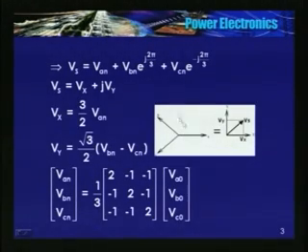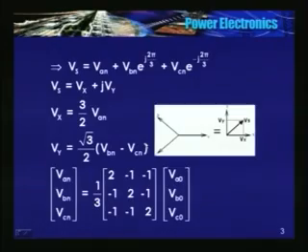We resolved these 3 vectors along the x-axis and y-axis, and we found that Vx is 3 by 2 times Van, and Vy is root 3 by 2 times Vbn minus Vcn.